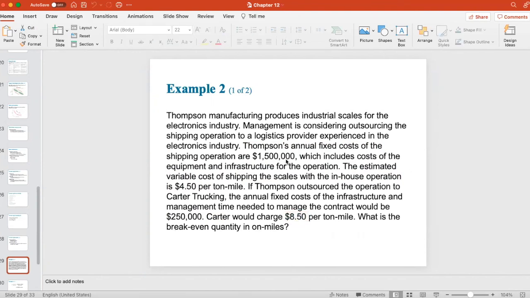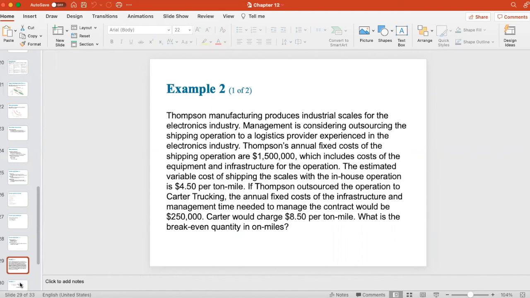Before we jump into the break-even quantity calculation, I would like to first clarify what is meant by break-even quantity. It conveys the idea that if I order this specific amount, I am indifferent between using the vertical integration process and the outsourcing process. Then how do we calculate it?